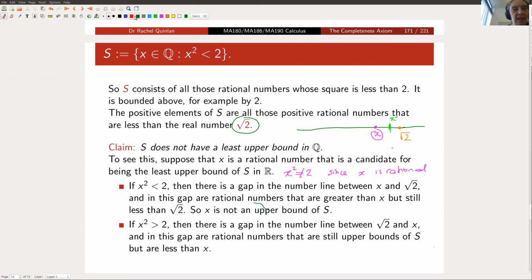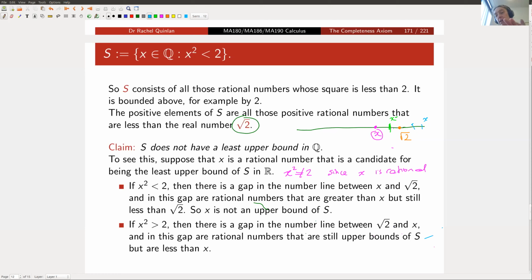So the second case is that we have some element x out here, which is a candidate for being a least upper bound for S. If x squared is greater than 2, that means that x is to the right of the square root of 2, and there's a gap in the number line between the square root of 2 and x, in which are more rational numbers that also are upper bounds for S, but which are less than this x. So x can't be the least upper bound for S, because if its square is greater than 2, there are other better candidates. There are other upper bounds for S to its left.